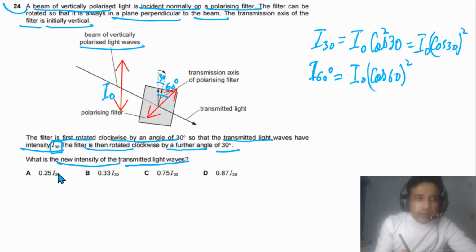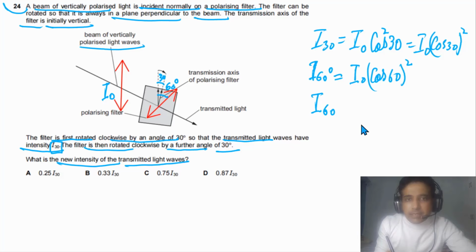We need to find out the new intensity of the transmitted light waves, meaning I60. So let me use 60 degrees here, and this one is 30 degrees.